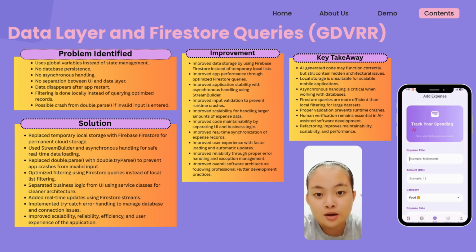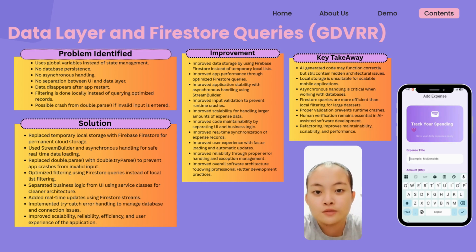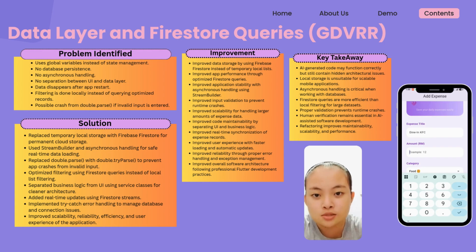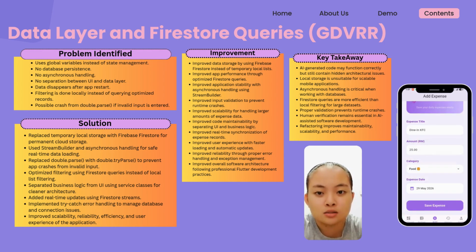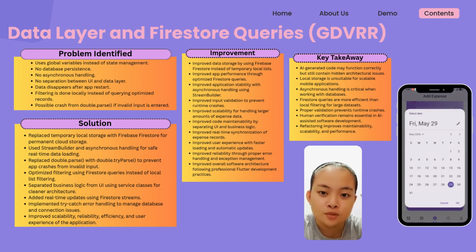Through the GDPR analysis, several improvements were made to the student expense tracker application to make it work better and more efficiently. The system now uses Firebase Firestore instead of temporary local storage, allowing data to be saved permanently online.